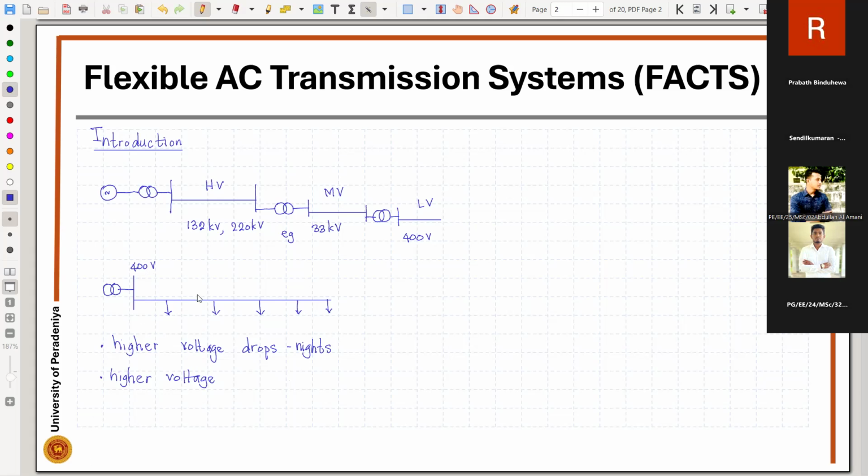We experience voltage variations throughout the line. Some consumers experience lower voltage, whereas other consumers experience higher voltages. That is one of the problems that we see in the distribution network.